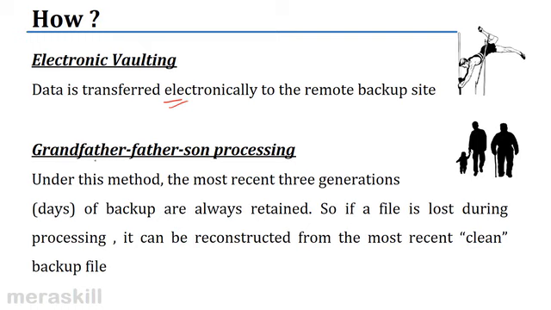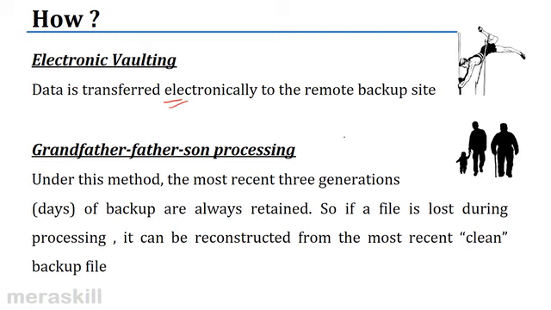So always we have a grandfather-father-son process. This is because, like I said, on day 1 we have taken a backup first, then the second and the third day. For some reason, when we try to restore data from the third and most recent one, it is not available, maybe it has got corrupt, anything could have happened. Somebody did not take the backup, as simple as that.